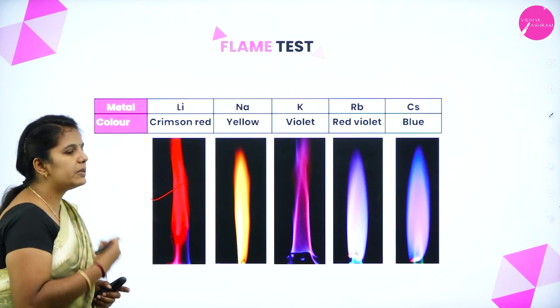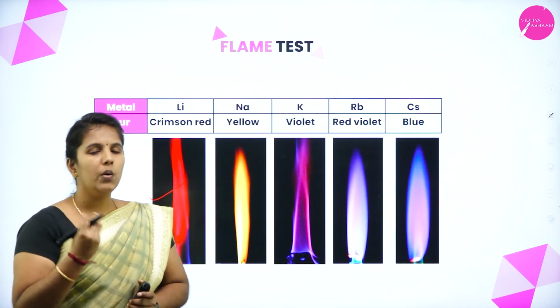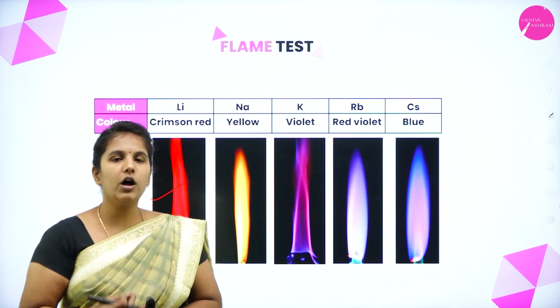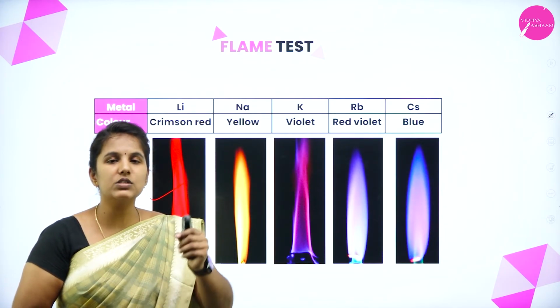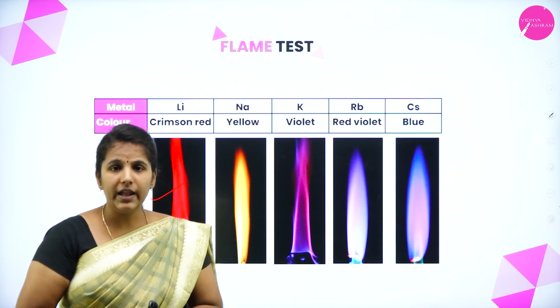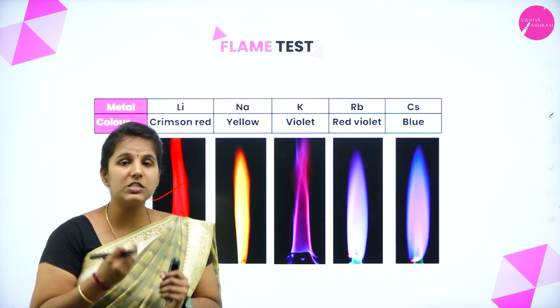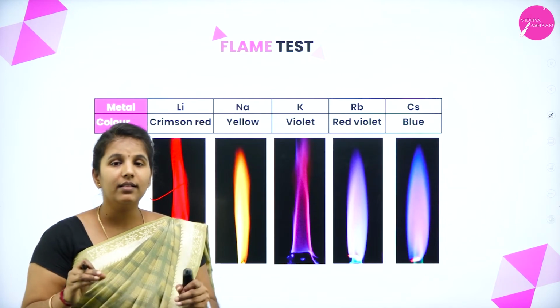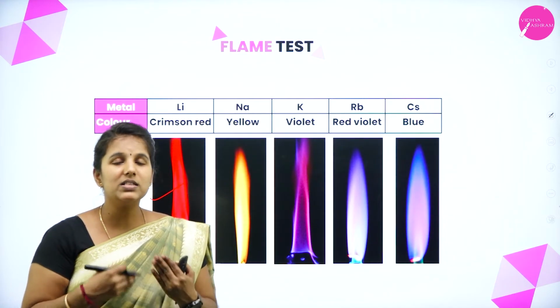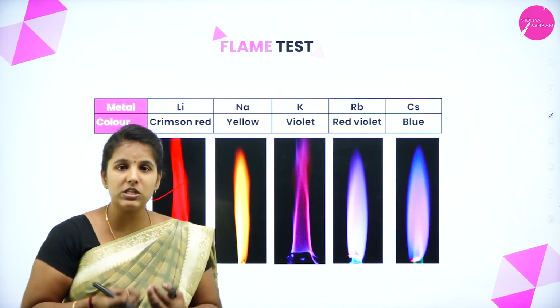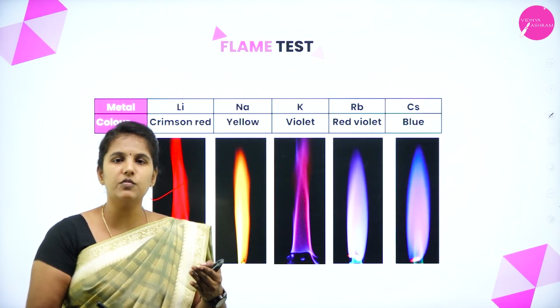Why is it giving crimson red color? Only because when you take such salts or metals and hold them in the presence of heat, the electrons present in these metals get excited. When excited, they absorb some energy and then come back to the original state.